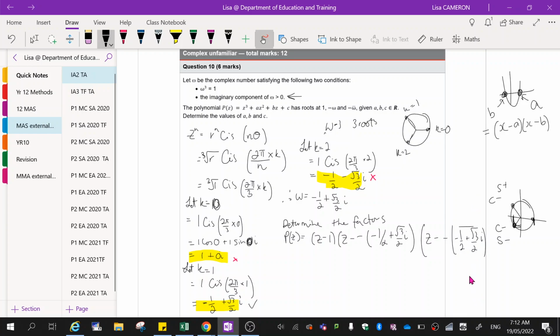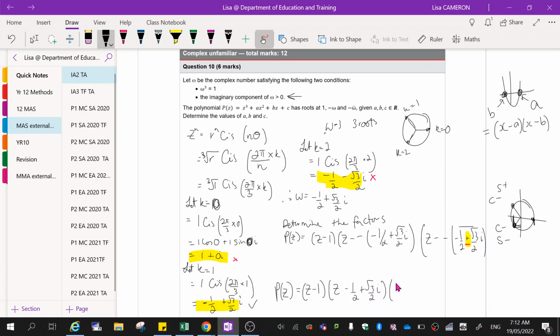Now, the conjugate is the more dominant thing here, so that happens first. What the conjugate is going to do, it's going to change this plus into a minus sign. So I'm just going to write that underneath here to save myself a line of working because, you know, that's life. Okay, so we end up with p(z) is equal to z minus 1, then we have z, this will turn into a plus, so it'll be minus a half plus root 3 on 2i.